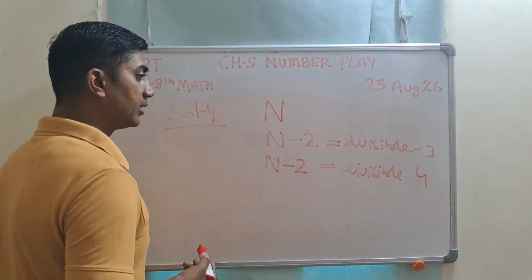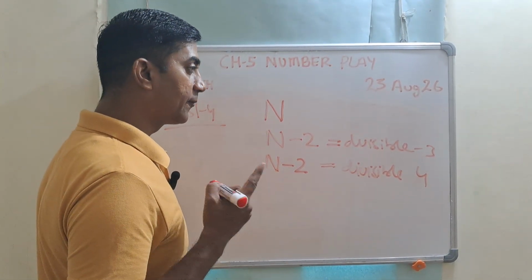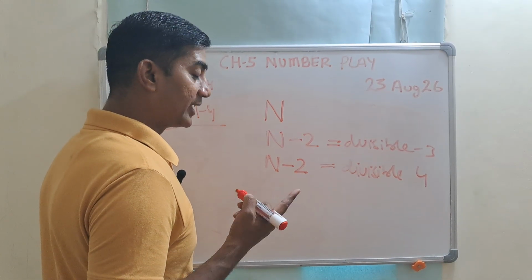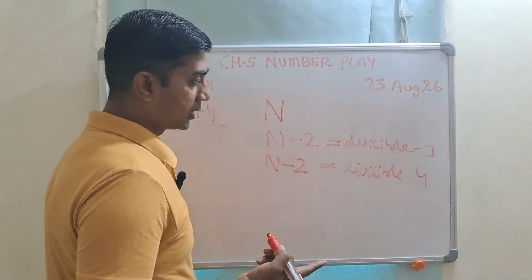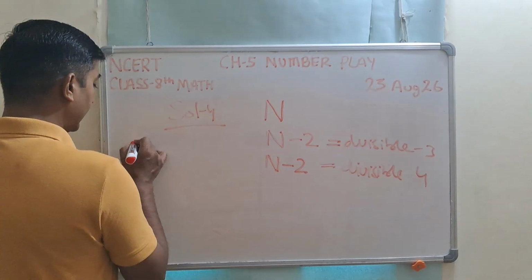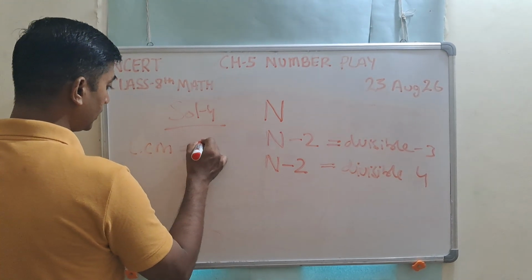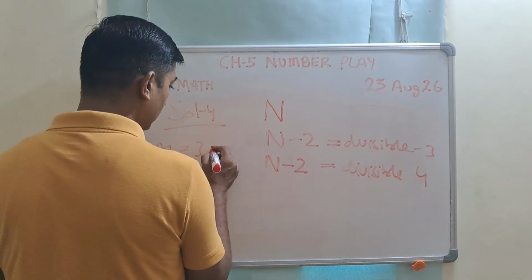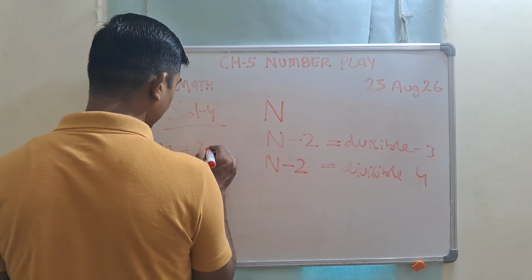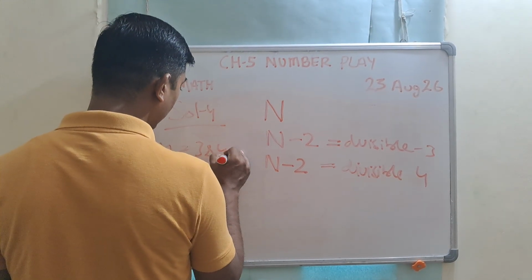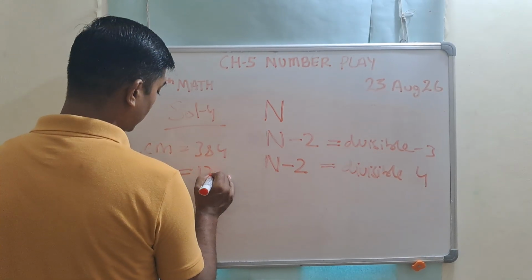Any number which is divisible by 4 and 3 is a multiple of the LCM. So what is the LCM of 3 and 4? That is 12.